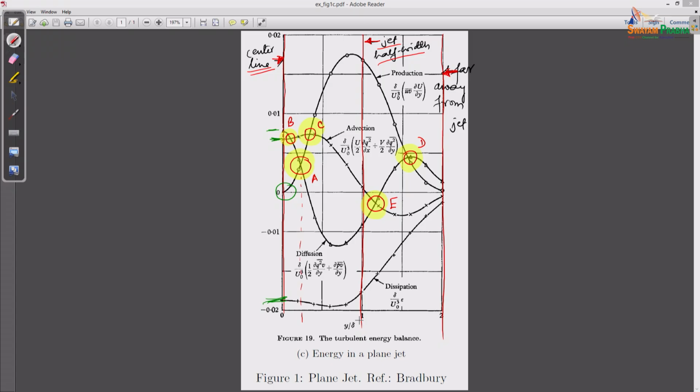So this is the diffusion, and this is the production. They're actually the same, crossing paths, so to speak. At location A, this is the production, and that seems to be exactly equal to the diffusion. Why don't we write that?